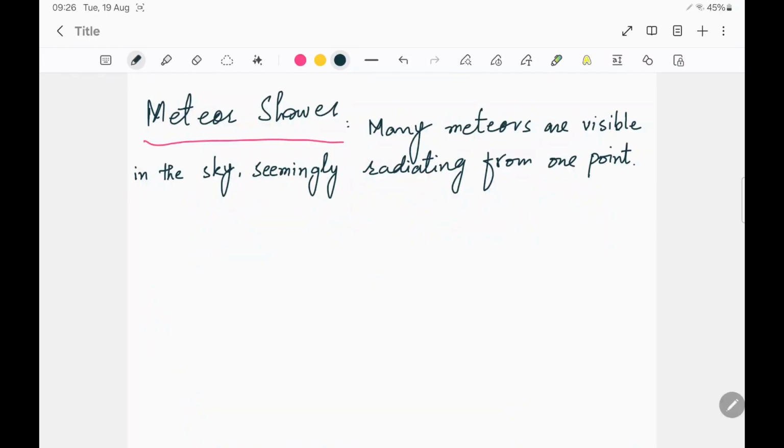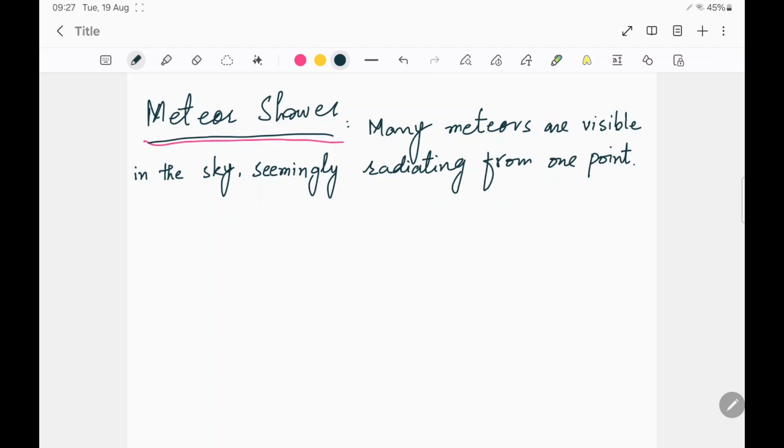Right, dear students. Well, the next point that we have to discuss from this chapter is the concept of meteor shower. We say that when many meteors are visible in the sky and they seemingly radiate from one point in the sky, then we say that meteor showers are taking place.